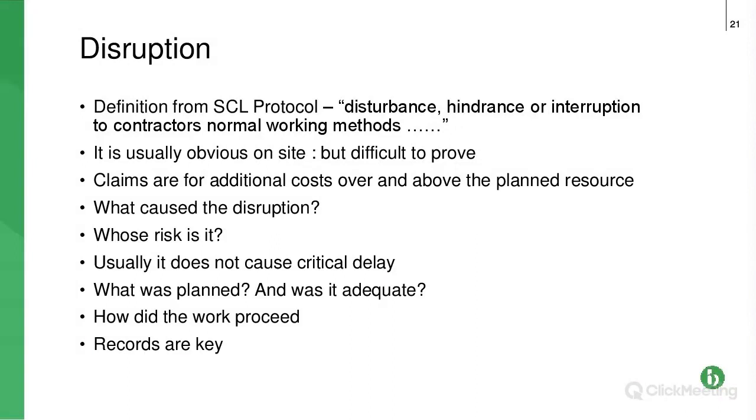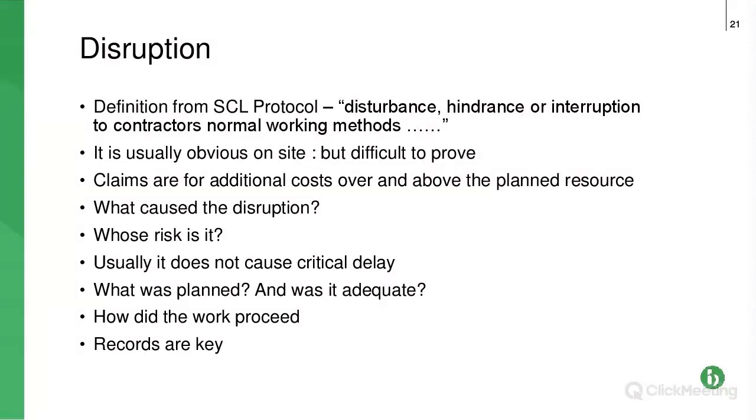And that kind of follows on the next bullet point. Claims are usually for additional costs over and above the planned resource. So there's a bullet somewhere where it talks about what you have to prove, what you planned. Yeah, third from the bottom. What was your planned resource, and was it adequate?